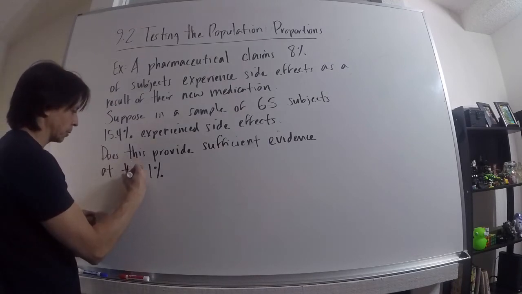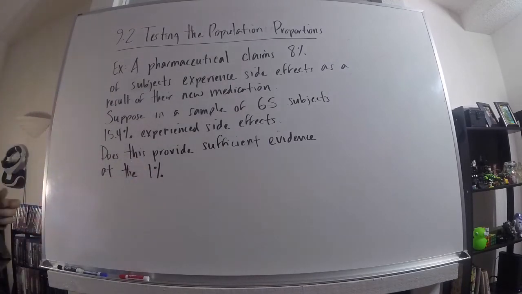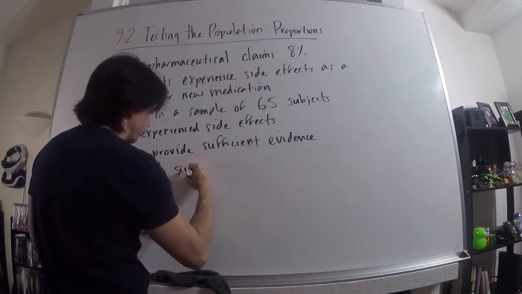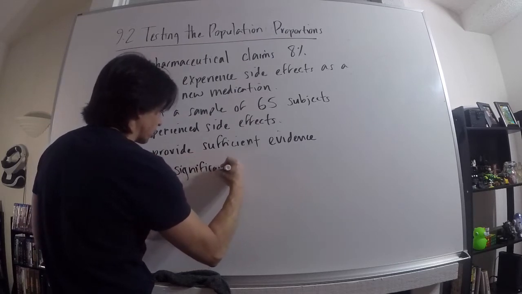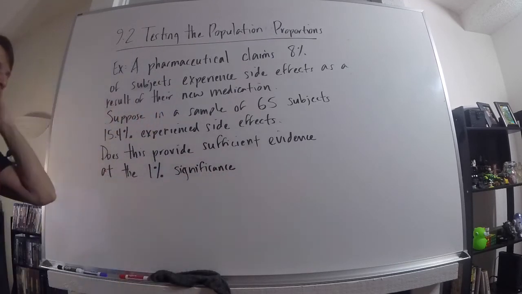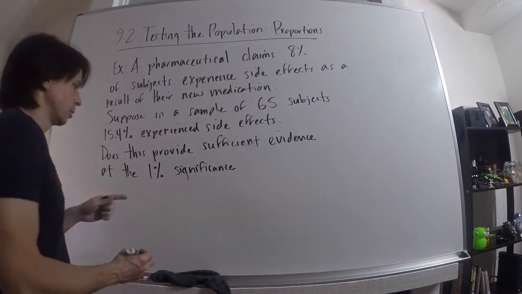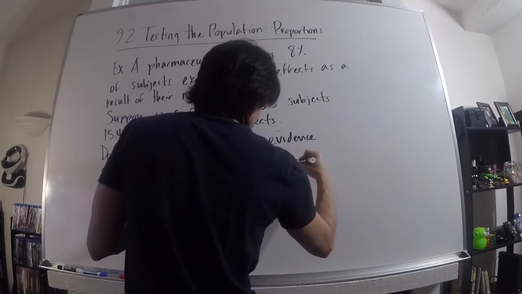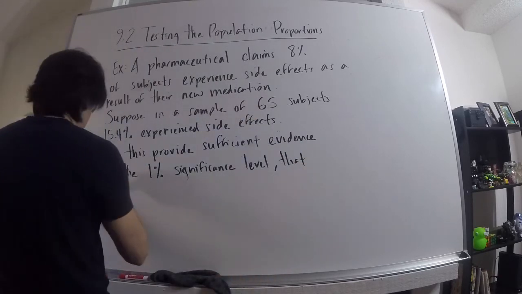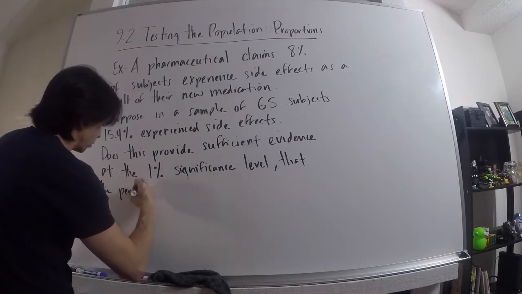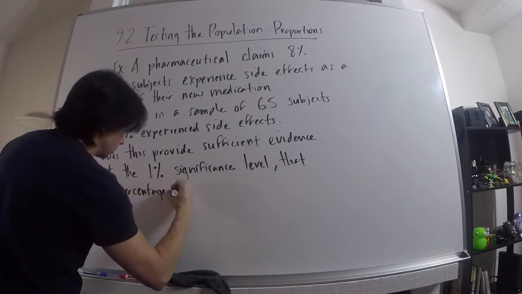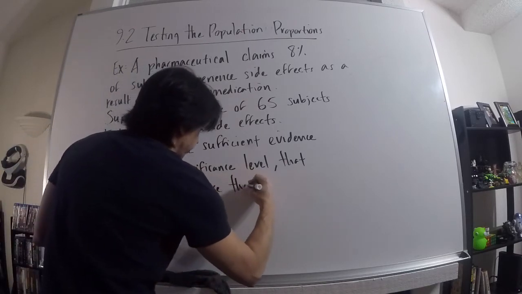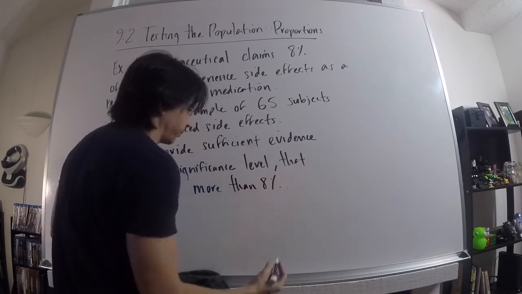But they do want you to be able to apply the same sort of principle to different significance levels, at the 1% significance level this time. The common ones, and we are going to stick to the common ones, are 10%, 5%, and 1%. Over here we do 1% significance level. That the percentage of patients experiencing side effects is more than 8%, greater than their claim.